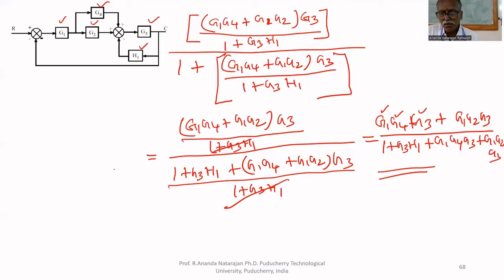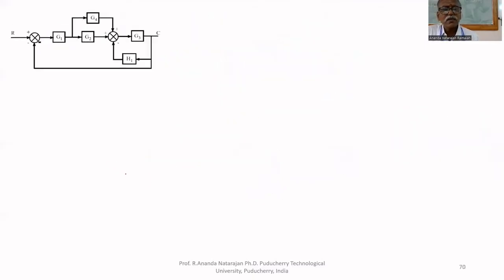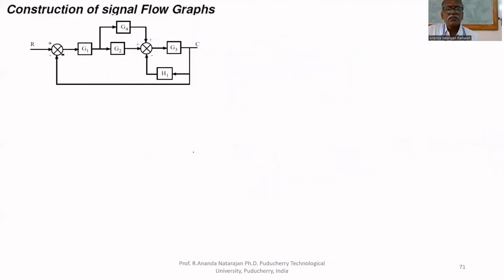This technique is called block diagram reduction technique. Another method is signal flow graph method. We can represent this block diagram in terms of signal flow graph. So the same block diagram can be represented in signal flow graph.